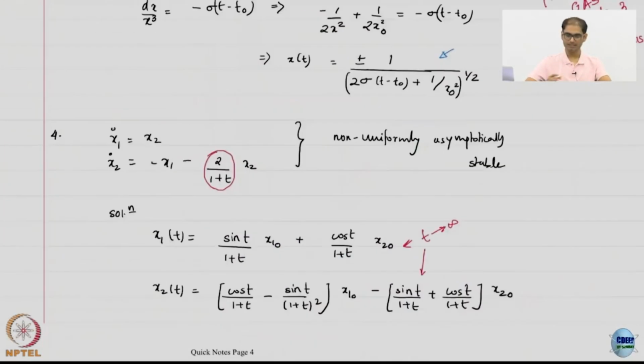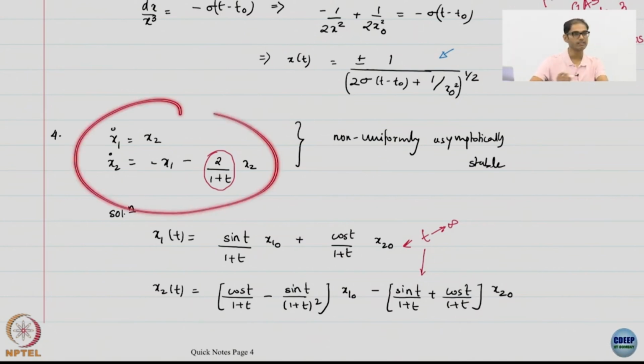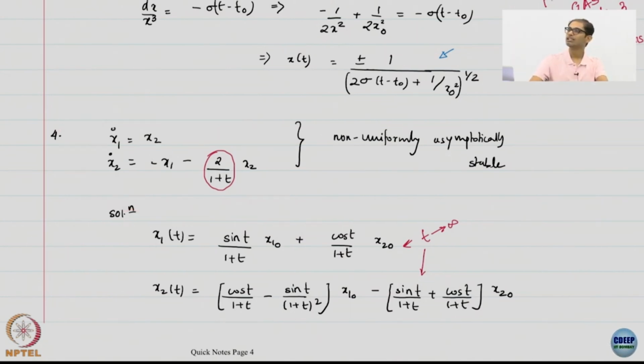In a lot of these cases it is not very easy, as you can see, to solve them and so on. This is just a linear system, by the way, a linear time varying system. As soon as you go from a linear time invariant system to a linear time varying system, your life becomes pretty complicated already. You do not even have to go to nonlinear.